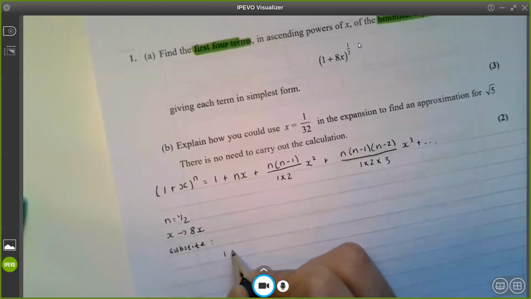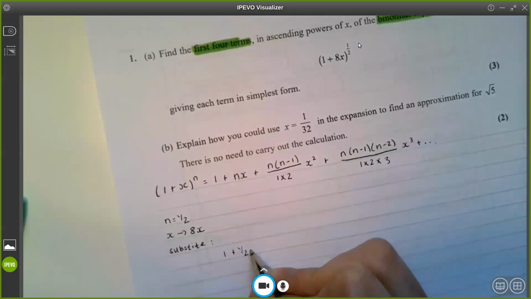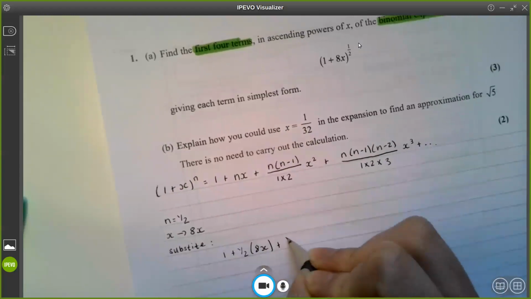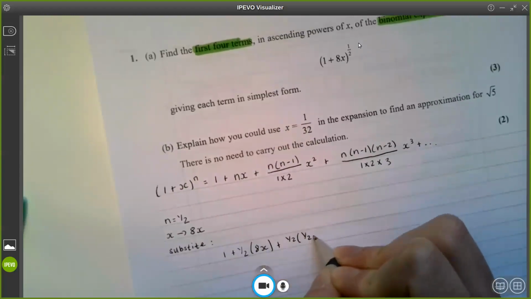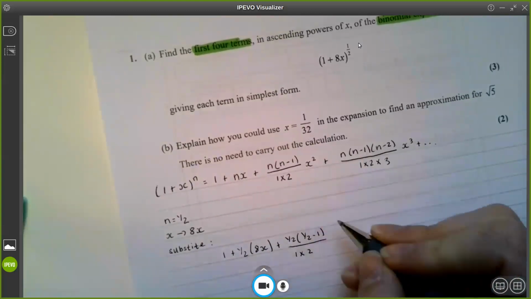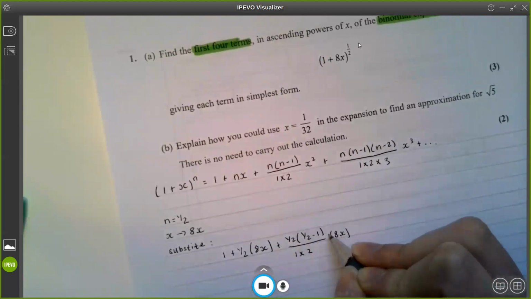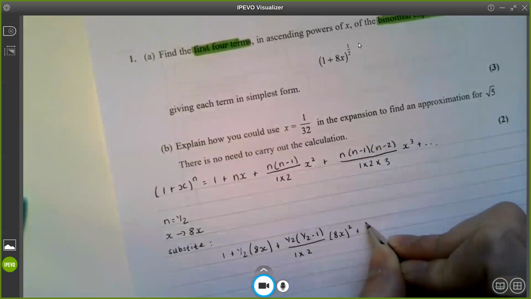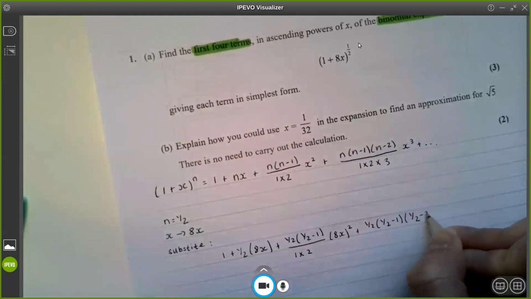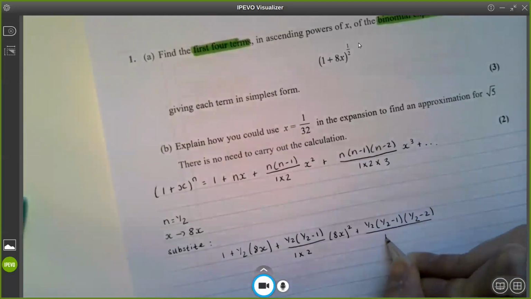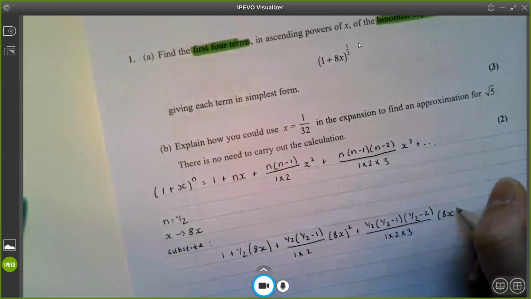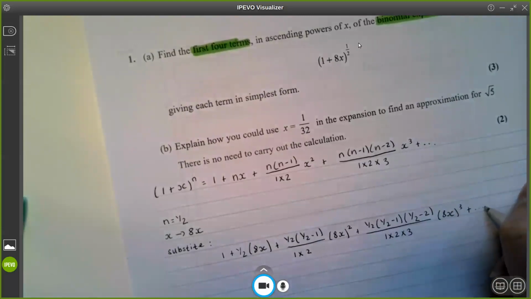I've got 1, n is a half, instead of x I've got 8x, plus a half times (a half minus 1), over 1 times 2, and instead of x, I've got (8x) squared, plus a half times (a half minus 1) times (a half minus 2), all over 1 times 2 times 3, and then (8x) cubed, plus what comes next.